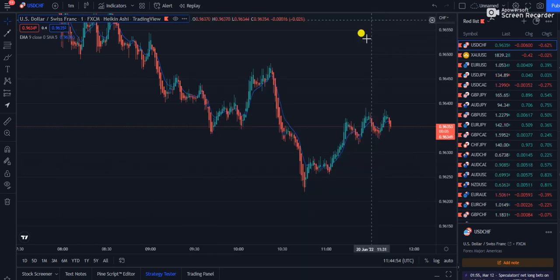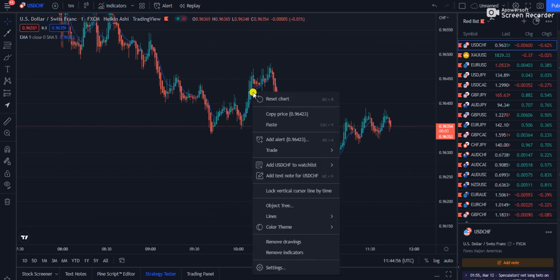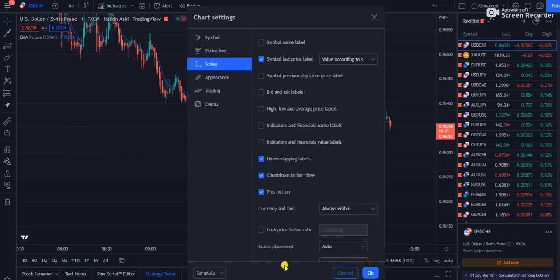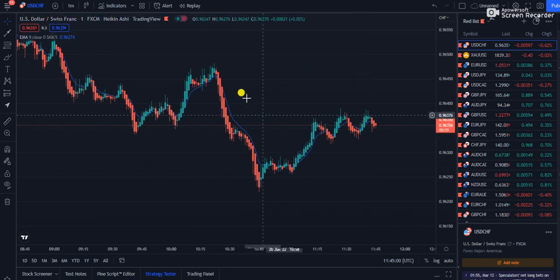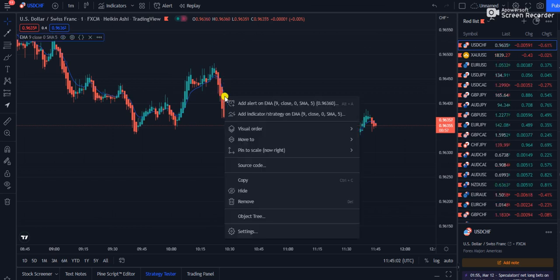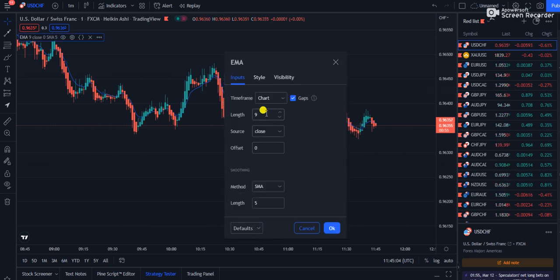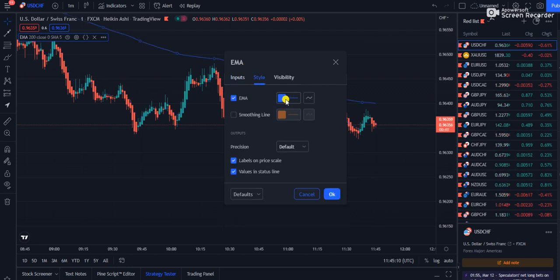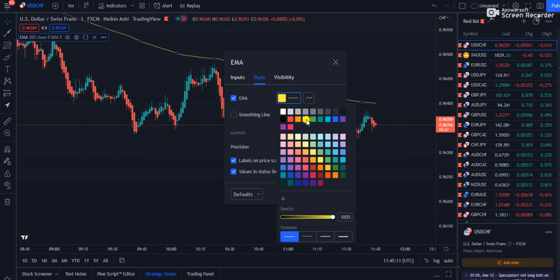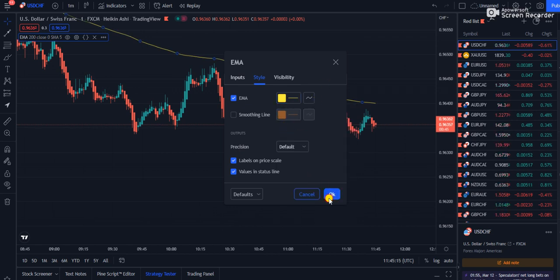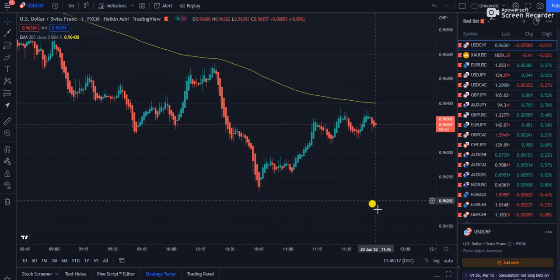Okay, not this one because the right settings are not coming. Just a second guys, because basically we want to click on the blue line. Okay, here we are. You can see the length is 9, and we have to change it to the 200 period, and then we have to change the color to yellow. EMA should be yellow so that it can be prominent on your screen, right?